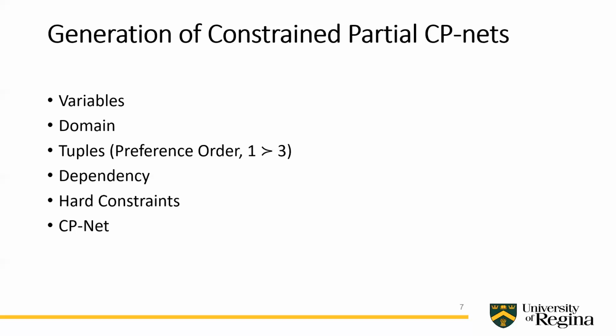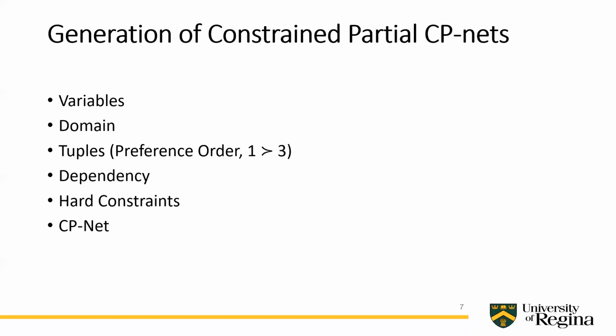And hard constraints. Our algorithm will be working on not only partial CPNet, it is constraint partial CPNet, which means in this conditional preference network, which is partial, we will have some constraints, which are hard constraints.